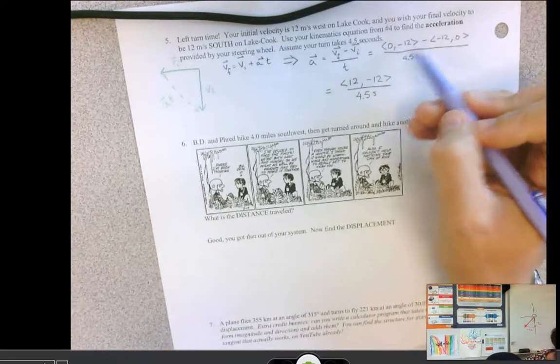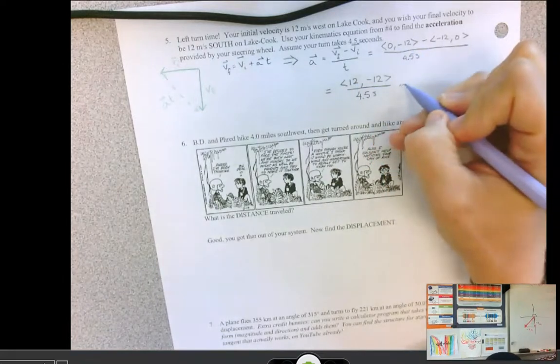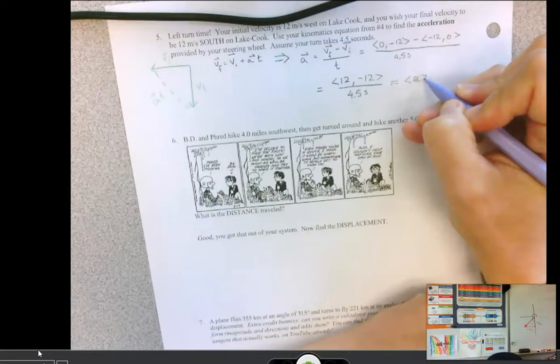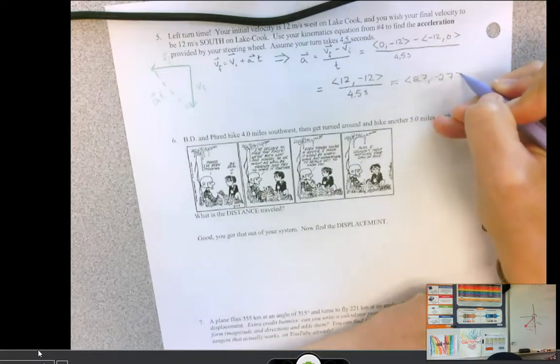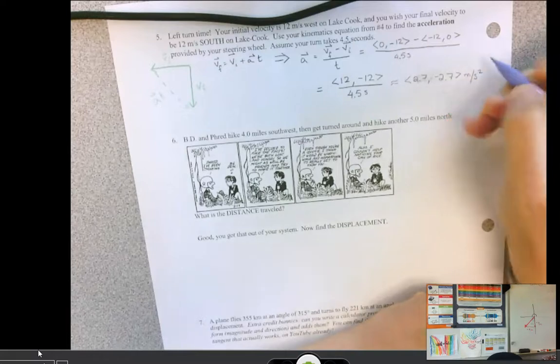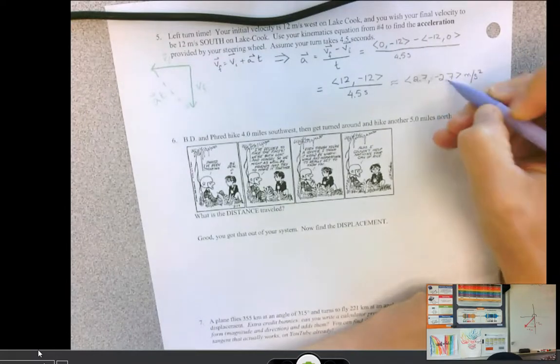Well, you need to lose your western velocity and gain your southern velocity. You're going to end up with about 2.7 meters per second squared of eastward acceleration, combined with 2.7 meters per second squared of southerly acceleration.